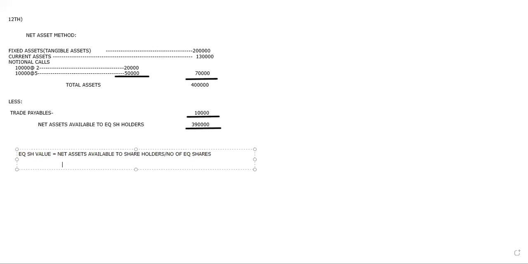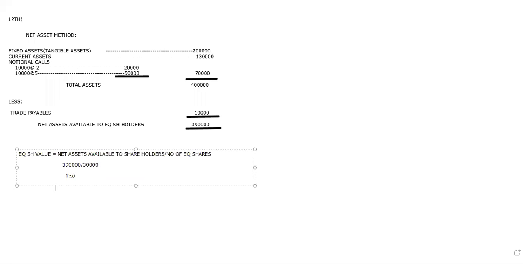So net assets, how much did we get? 3,90,000 divided by number of equity shares. Three kinds of equity shareholders are there. 10,000 plus 10,000 plus 10,000, how much? 30,000 shares. So therefore, how much is it going to be per share value? How much? 13. So this is the value.